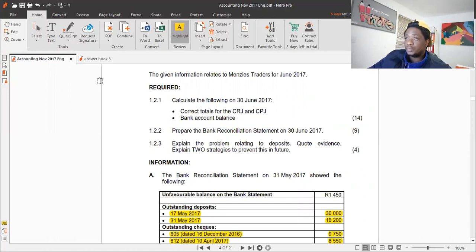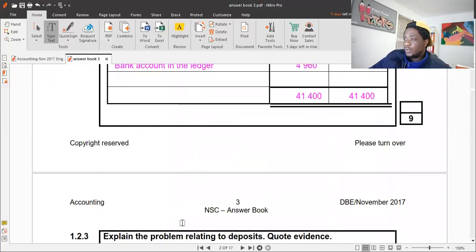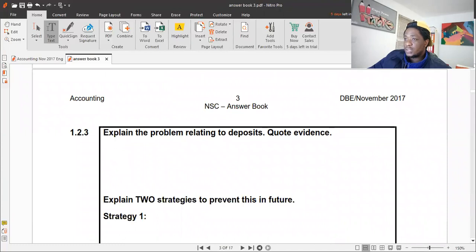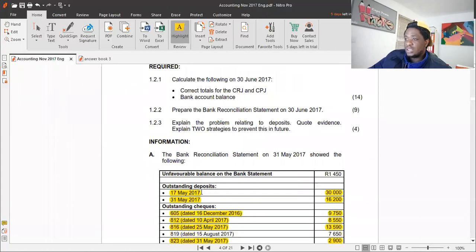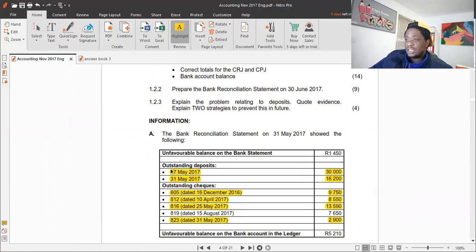So let us explain the problem first and quote the evidence. The problem that I saw in this case, look at the bank reconciliation of May 2017. You have a deposit that came in on the 17th of May 2017, and money that came in on the 31st of May 2017.